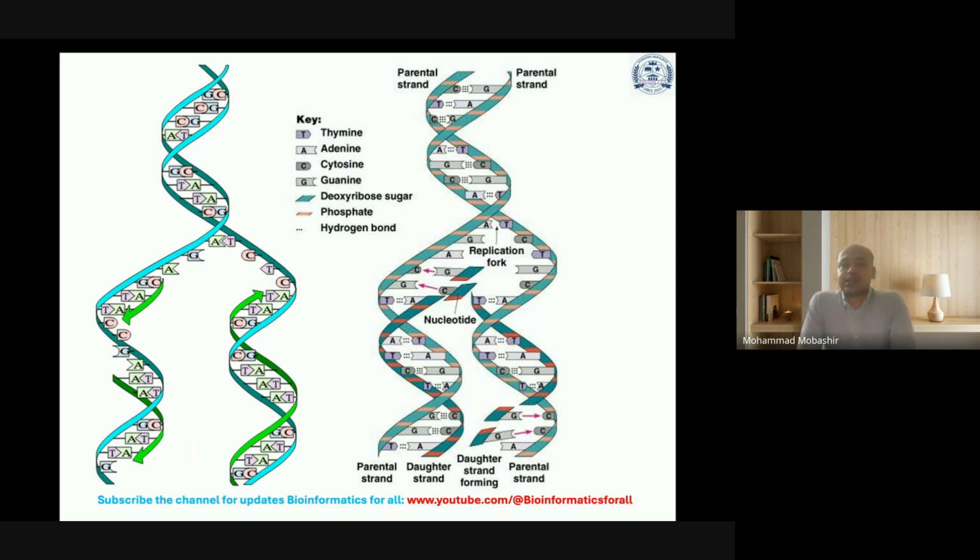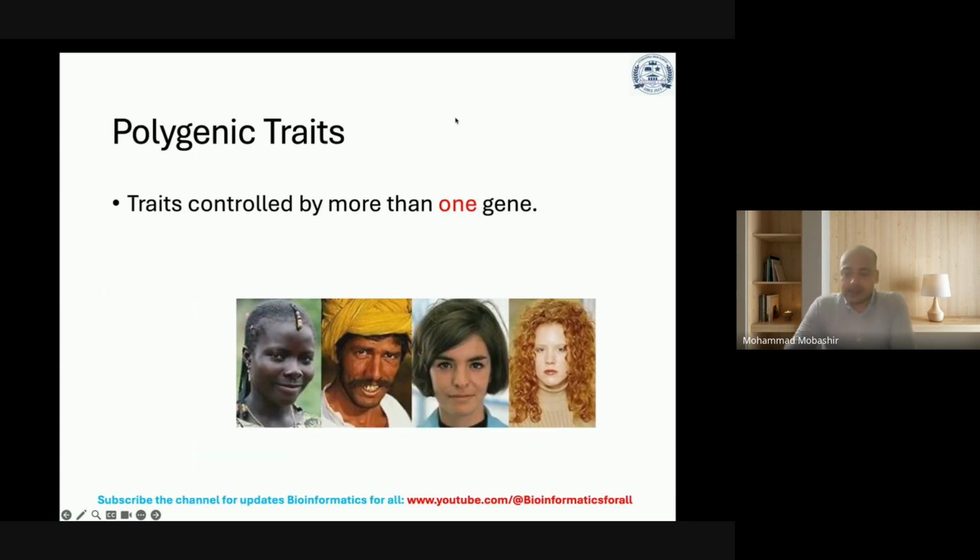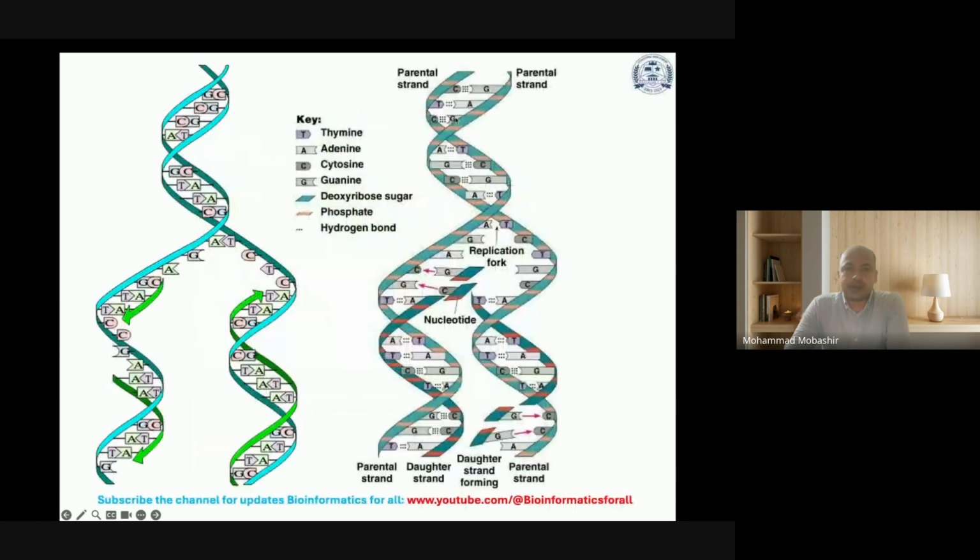And here you can see A, T, G, and C, adenine, guanine, cytosine, thymine, which are the basic components of DNA. So adenine binds with thymine with double hydrogen bonds and guanine binds with cytosine with triple hydrogen bonds. As you can see here, these are the triple hydrogen bonds and these are the double hydrogen bonds.